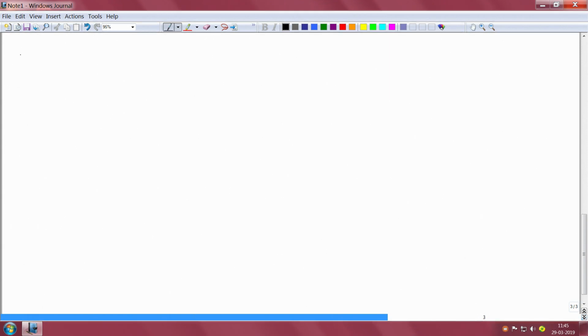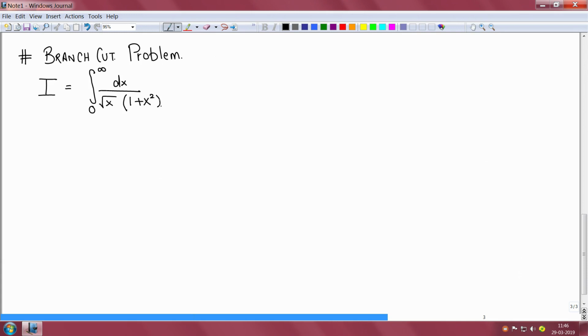The first problem involving a branch cut. So we have I given by, again, a real line integral from 0 to infinity of dx by square root of x times (1 plus x squared).